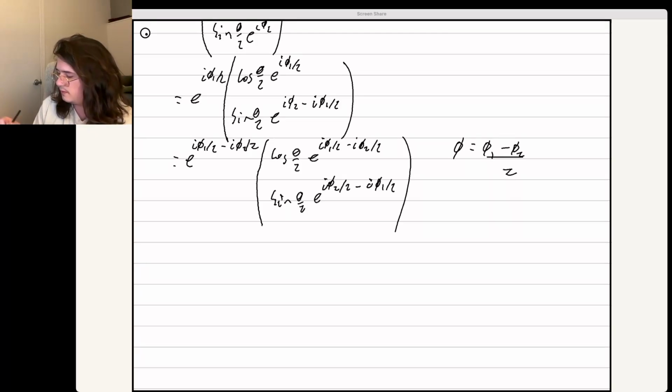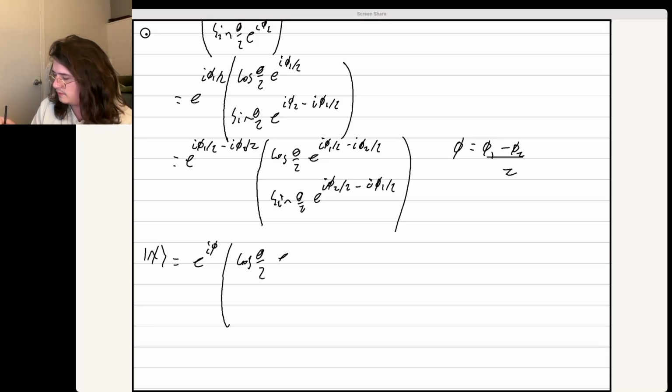and write the spinner now as being e to the i phi times cosine theta over 2, e to the i phi, and then this is sine theta over 2, e to the minus i phi.